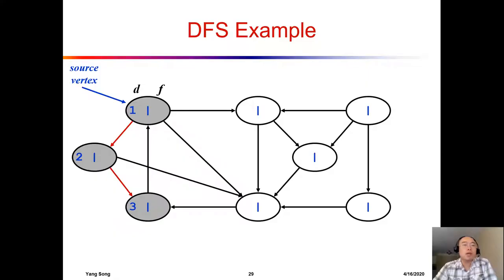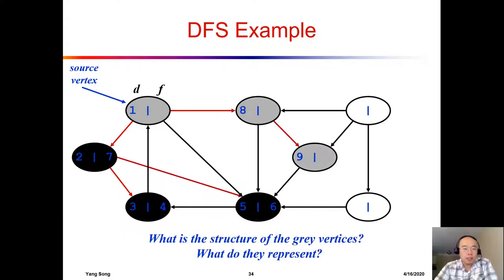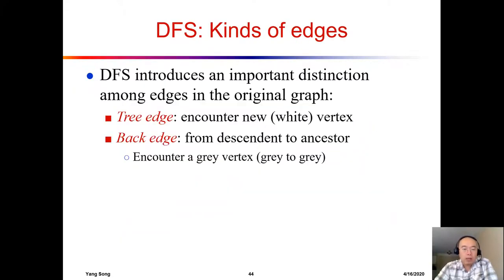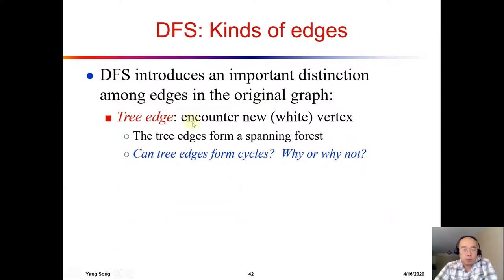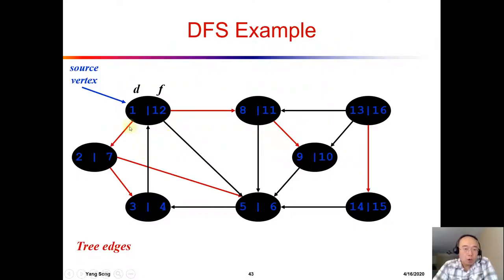So this guarantees that we can always use that algorithm to explore new white nodes. However, we will never go back to a green node or a black node because we have already explored that. So this algorithm guarantees that we won't go back to an explored node, which means we won't have cycles if we only keep the tree edges. Okay, so all the red edges are the tree edges.